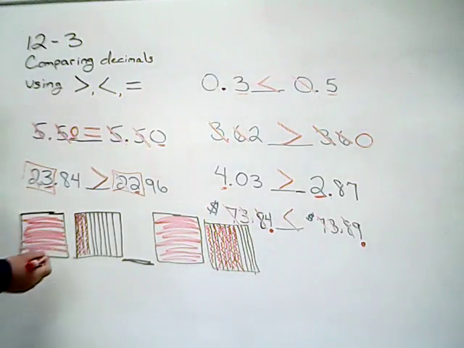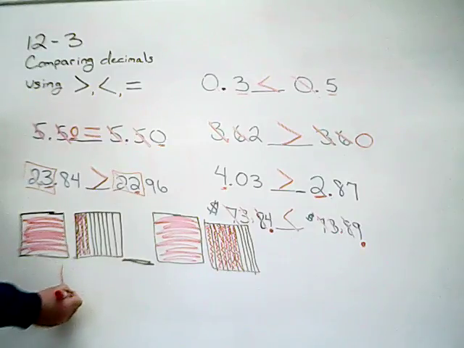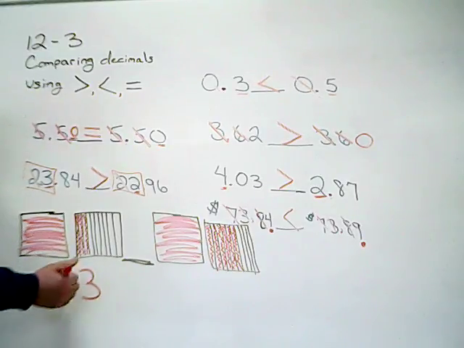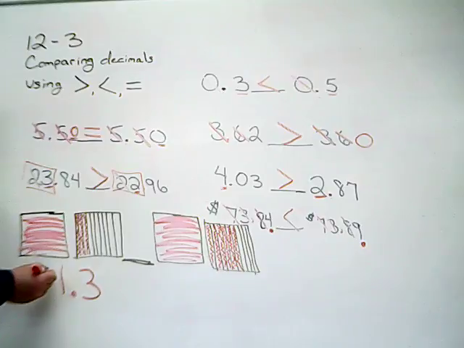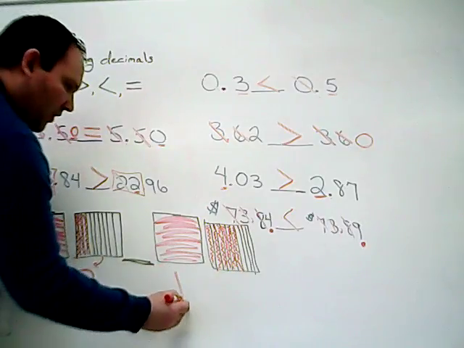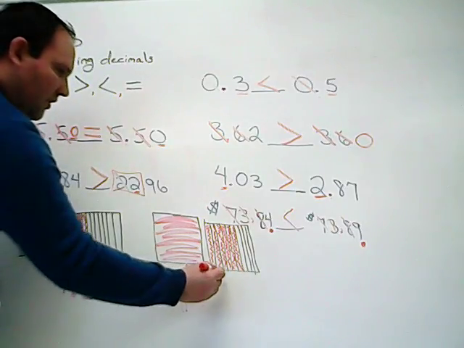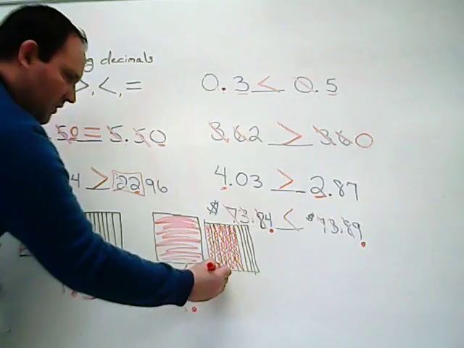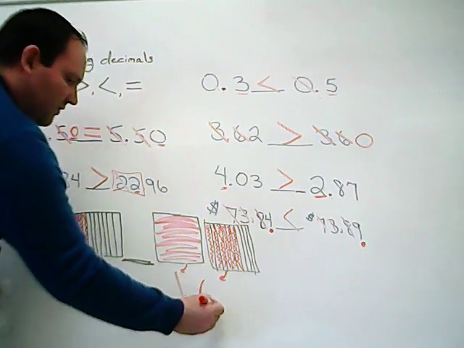So what this says is 1 whole and 3/10 for this one. I got my 1 whole from here, my 3/10 from here, is greater than, less than, or equal to 1 whole right here and 6/10 for this one.